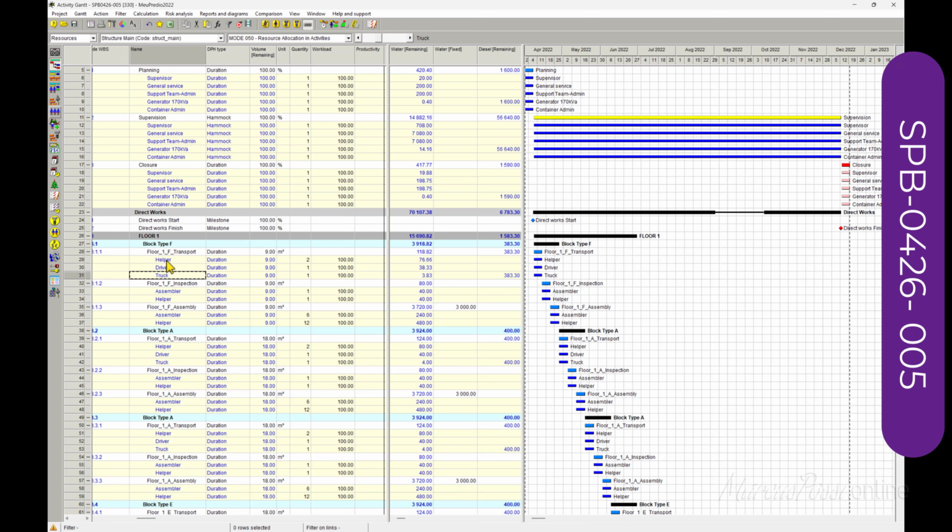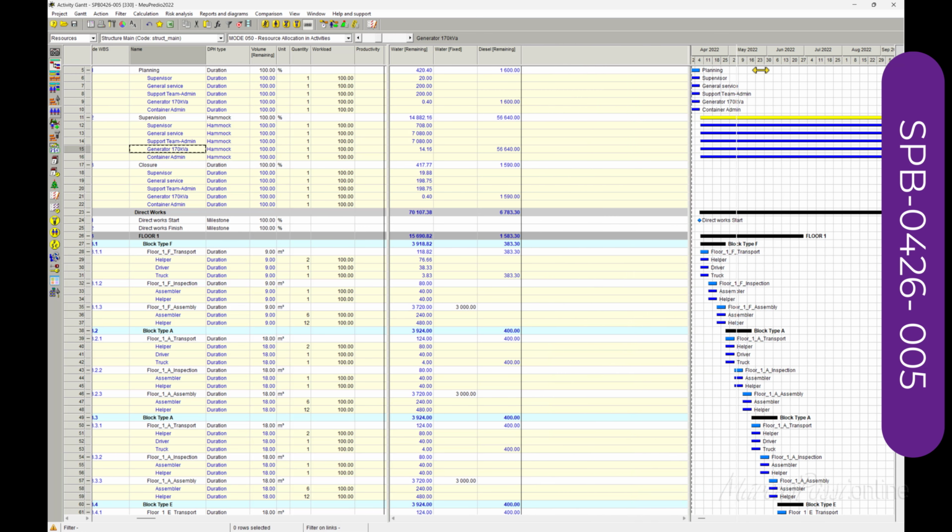But remember, when you assign a helper, you also automatically assign water, drinks, boots, PPE kits. When you assign a truck, you also assign the diesel and water it consumes, and also the generator.